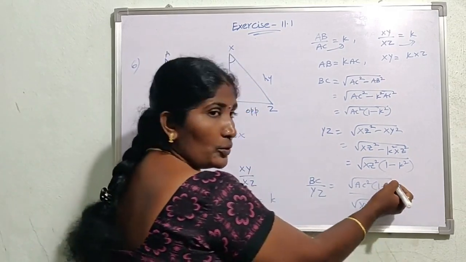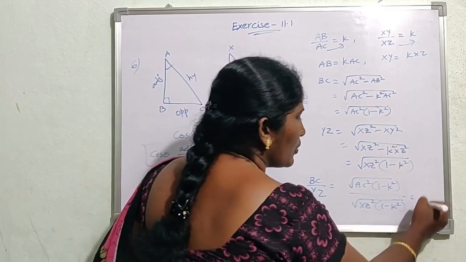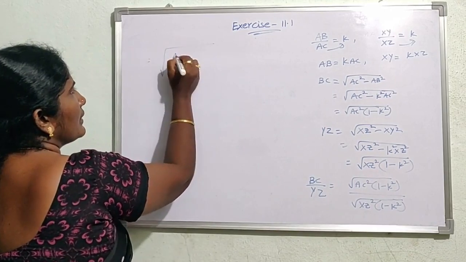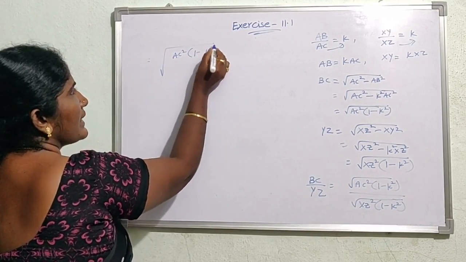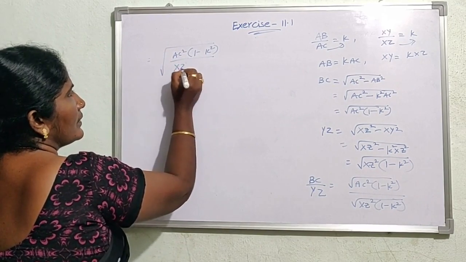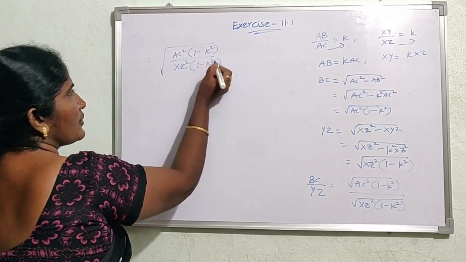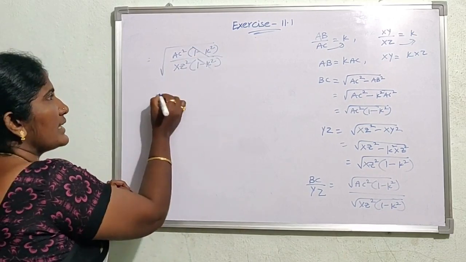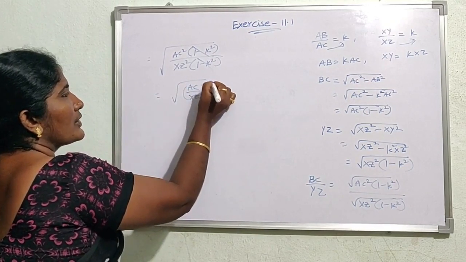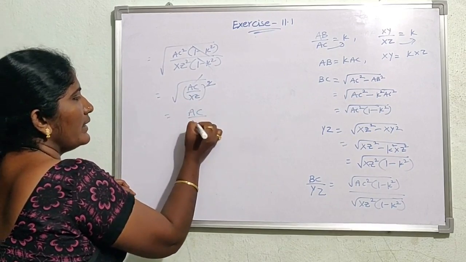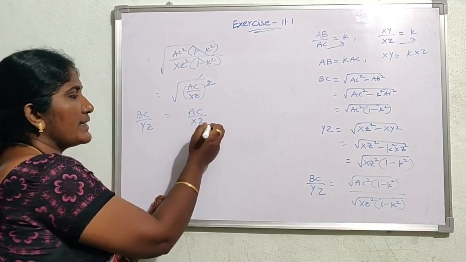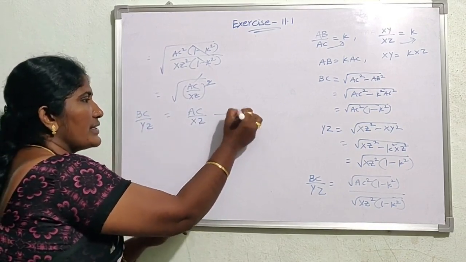Here root A by root B can be written as root of A by B. So which is equal to root of AC square into 1 minus K square by XZ square into 1 minus K square. 1 minus K square, 1 minus K square get cancelled. Root of AC by XZ whole square. Square and root get cancelled. AC by XZ. We taken BC by YZ. Finally we got AC by XZ. This is equation number 1.